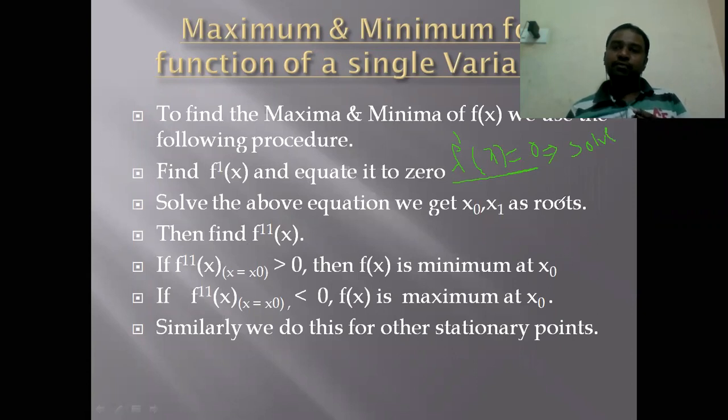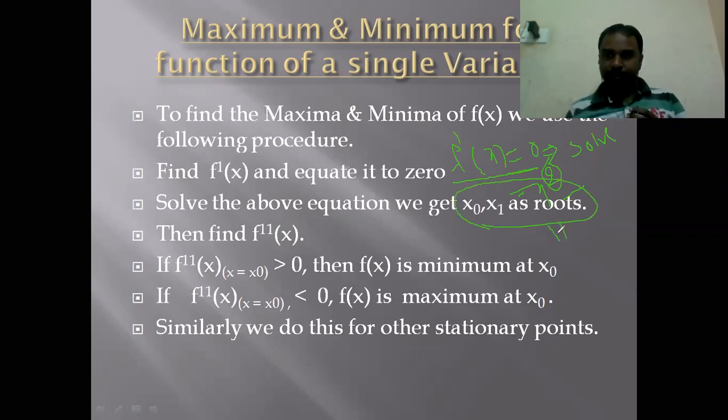Based on the degree of the equation, we get the roots. If it is a second order equation, we get 2 roots. If it is order 3, we get 3 roots. Like that, by solving the equation, we get the respective roots.